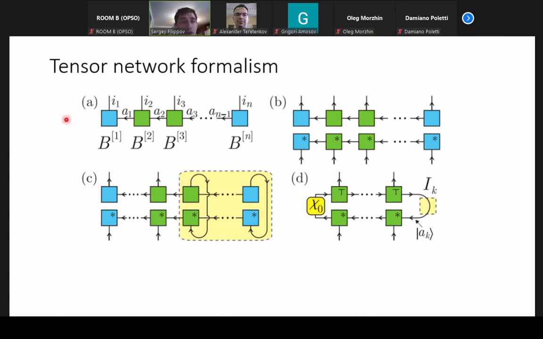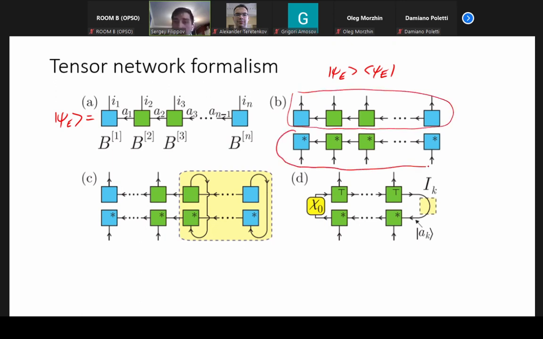So now we come back to the tensor network formalism. So we already discussed what is subfigure A here. It is a description of a pure state, psi, describing the environment. So if we are interested in the density operator, rho_E, then it is given by 2 vectors. One is a ket vector here on top, and the bra version of that vector on the bottom.